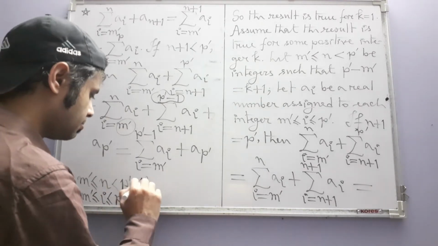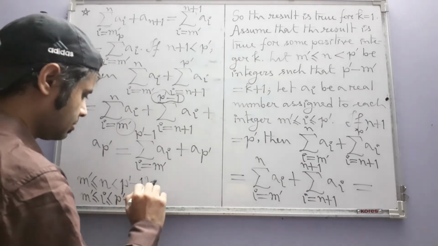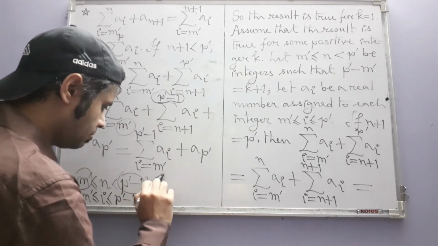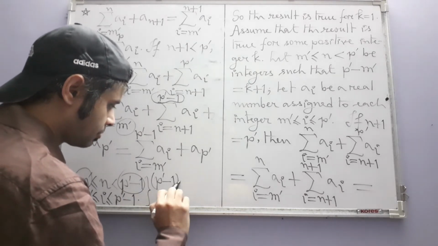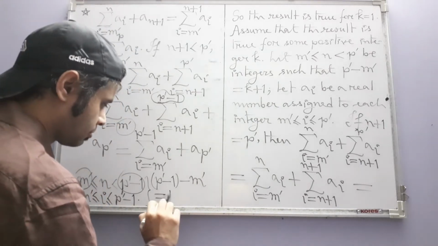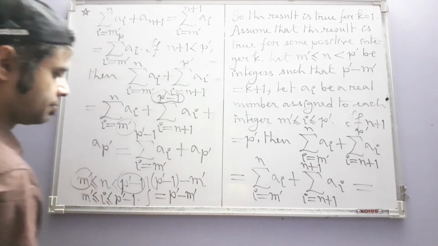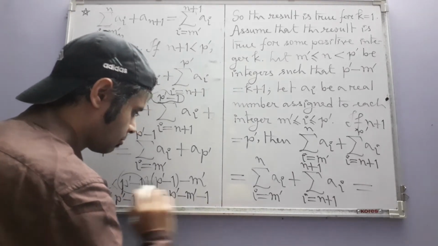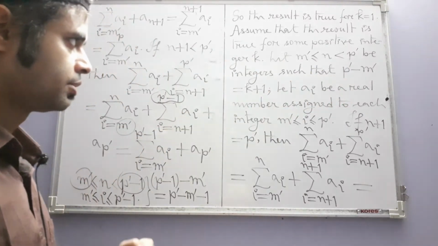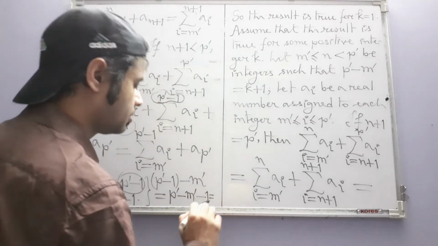What else is true? Do you see what the difference between this and this integer is? p prime minus 1 minus m prime. p prime minus m prime is what? k plus 1. So p prime minus m prime minus 1 is k.